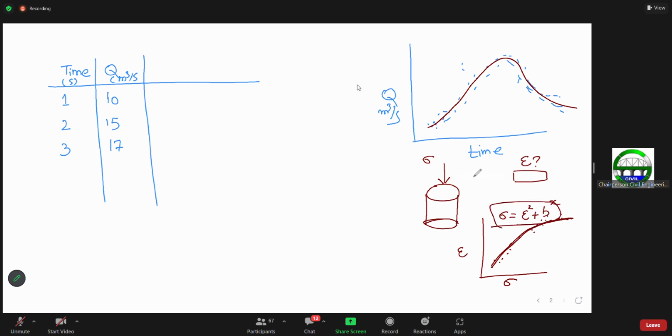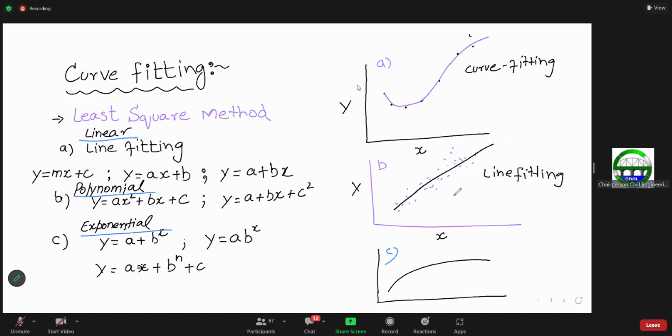So you will have a relationship, right? In the same way, here X and Y will have a relationship. In case of linear, the relationship could be in this format. In a polynomial, it could be in this way. In an exponential, it would be in this way, right?